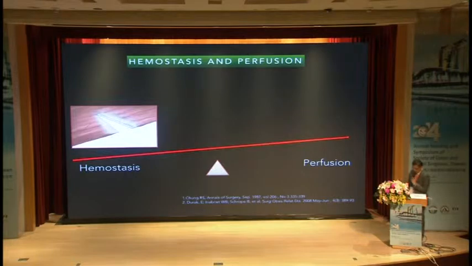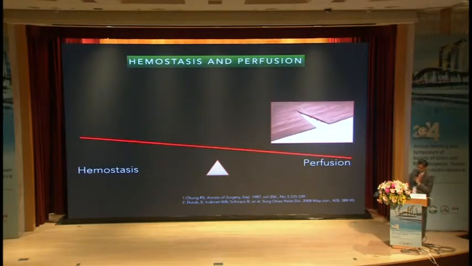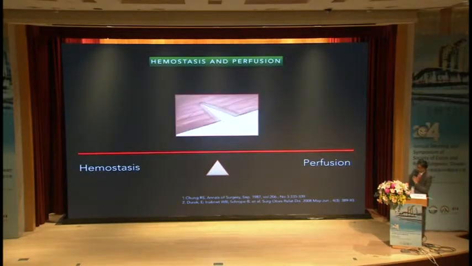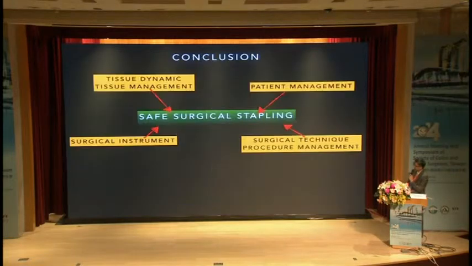Over compression, we can get better hemostasis function, but may result in poor tissue perfusion and possibly cause tissue ischemia. But under compression, we can get great tissue perfusion but no hemostasis. It may lead to post-op bleeding or even leakage. So it's very important to achieve the right balance of hemostasis and perfusion for the tissue, because blood supply and tension-free are especially important in any anastomosis.